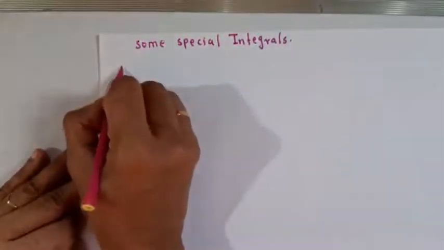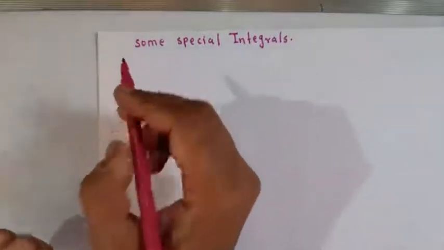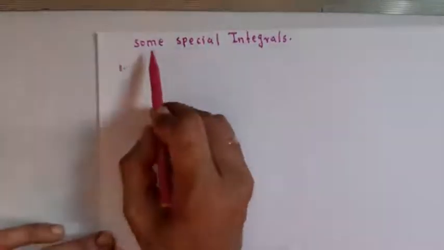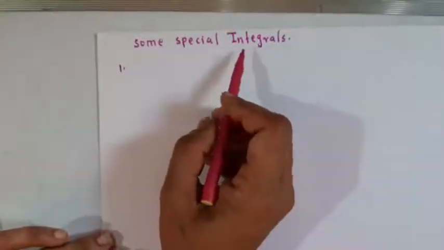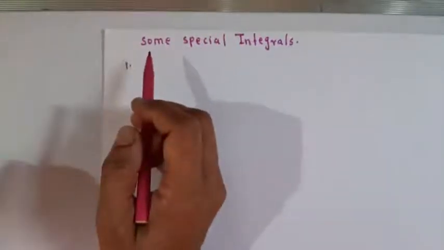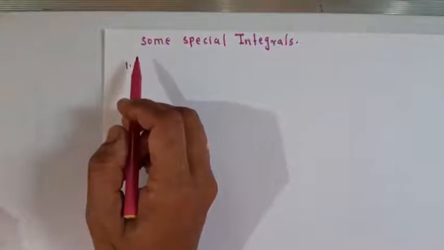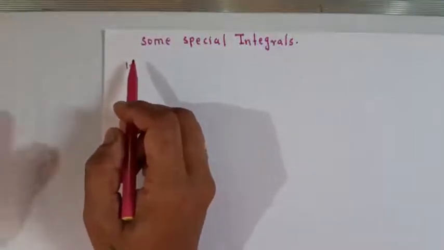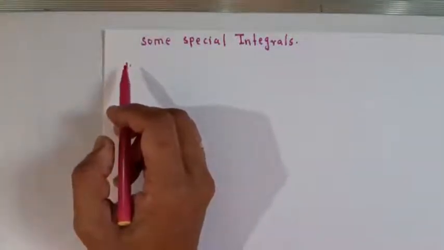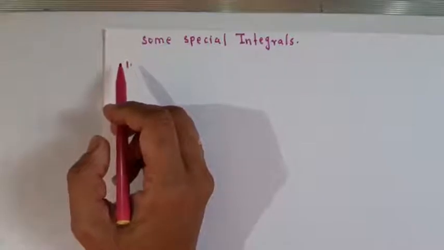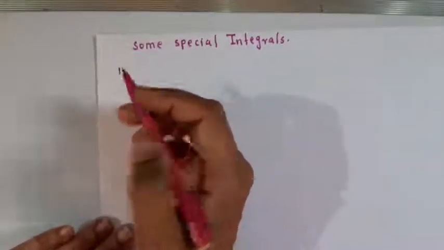So the first, students, there are 6 formulae for the special type of integrals, and we have to prove these formulae by the integration method. Okay, first add this formula in your list of integration formulas.